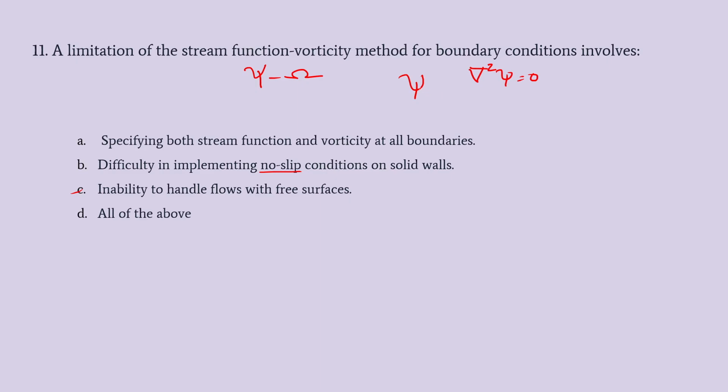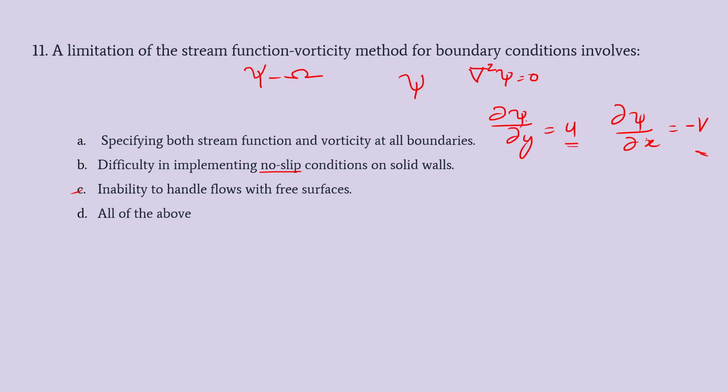The stream function is chosen in such a way that dou psi by dou y is equal to u, and dou psi by dou x is equal to minus v. So this is the relation existing between stream function and the velocity components.